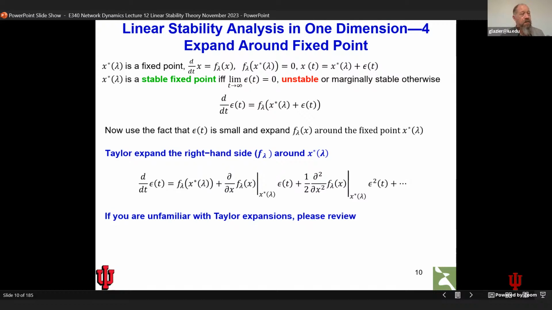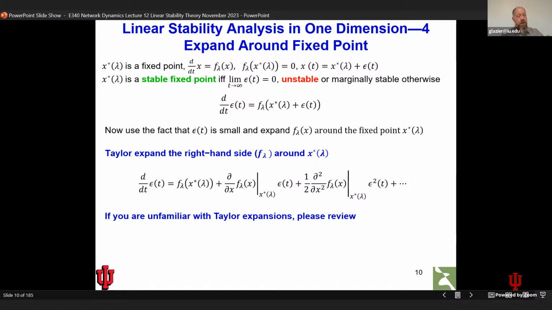We're saying that f of x plus epsilon is equal to f of x plus, and now the first order term is df by dx, the slope of f, evaluated at x, times epsilon. So it's a linear change in f as a function of x.